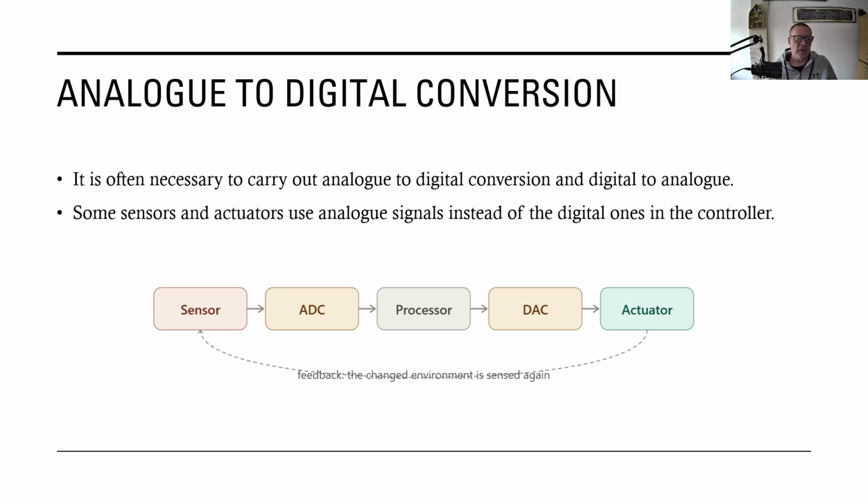So if a sensor is producing some sort of analog data, then we need to use an analog to digital converter before it can be processed by our digital computers or our microcontrollers. And then the output may need to be converted as well. So the processor will create a digital output which needs to be converted to analog and then used by the actuator.